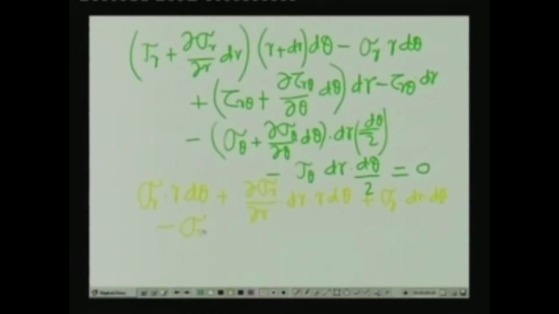Minus sigma r r d theta, plus tau r theta dr, plus del tau r theta del theta times d theta dr, minus tau r theta dr, minus sigma theta dr d theta by 2; again this term will have d theta squared, so we neglect that, and minus sigma theta dr d theta by 2.